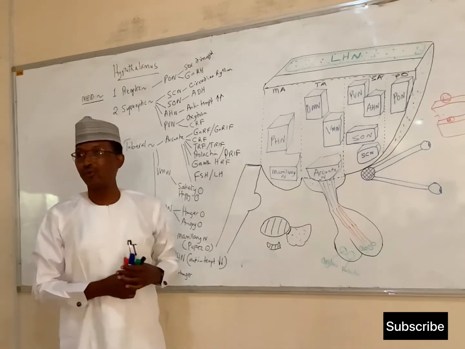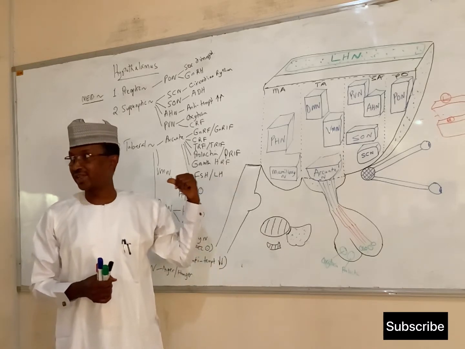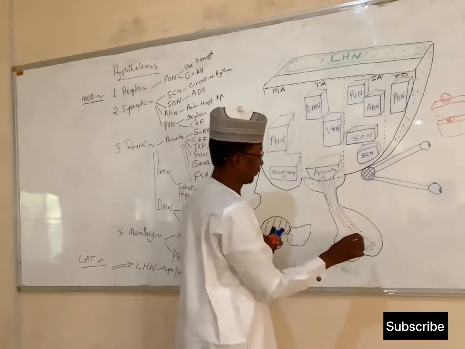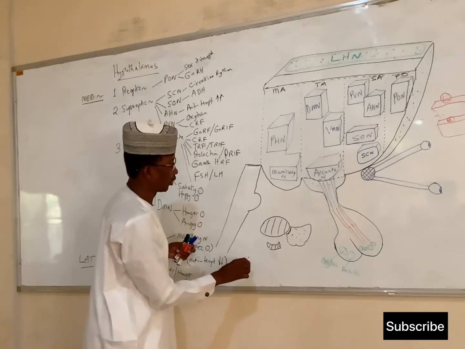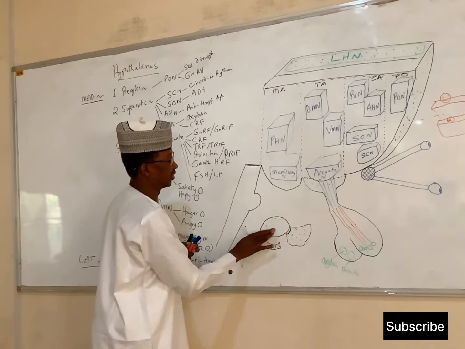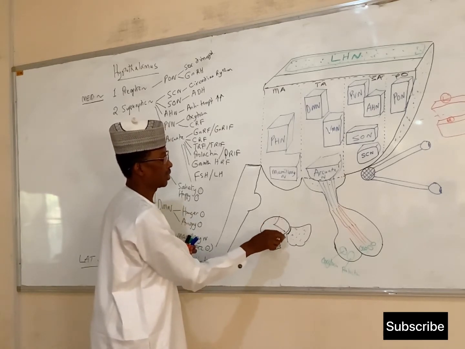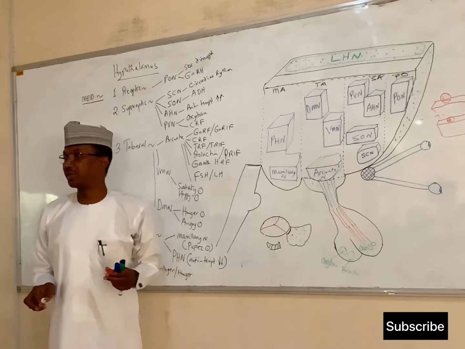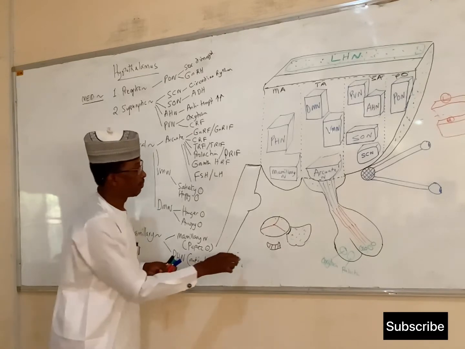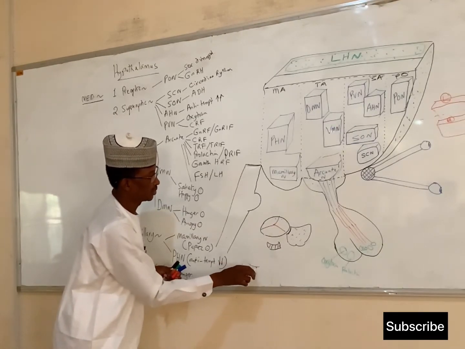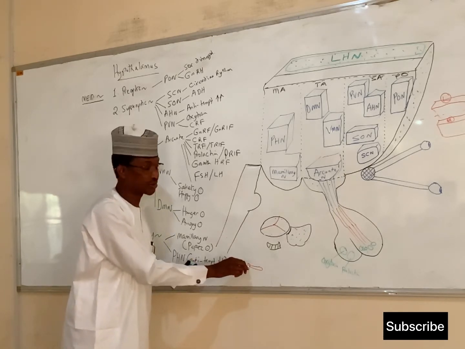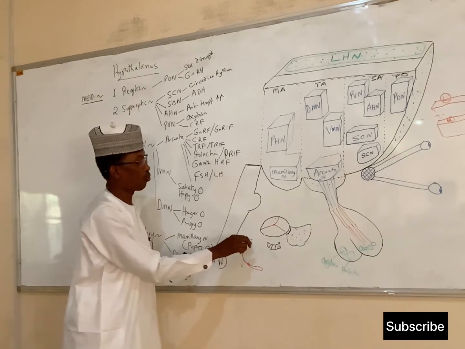If you can remember our fornix that we discussed in the other lecture, we said that the thalamus itself is being divided into three parts by the internal medullary lamina. If you can remember, we talked about the fornix that is taking origin from where? From the hippocampus, passes backward, upward, forward.